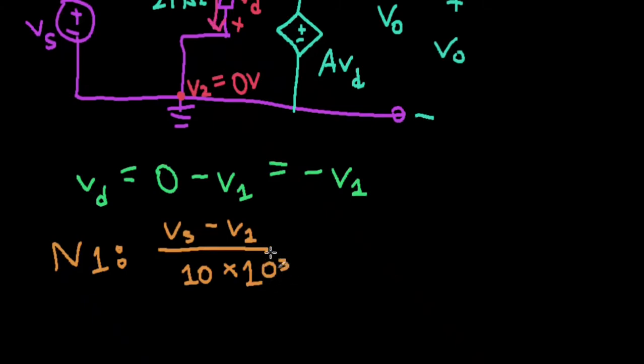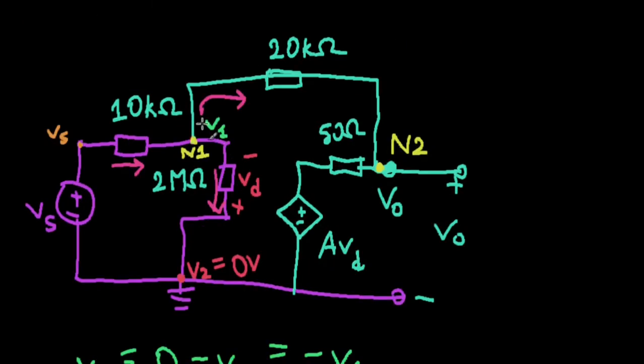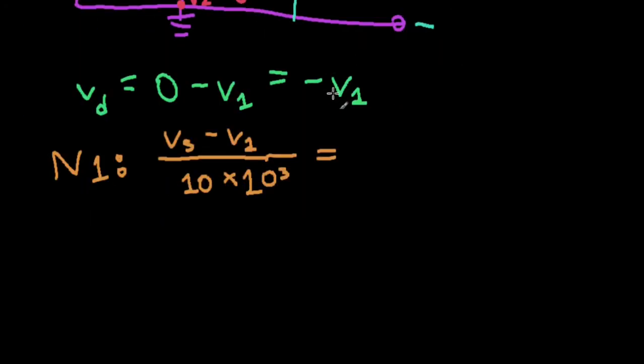I'll omit the ohms. This is going to be equal to the current exiting. The current exiting here is V1 minus VO, my potential here, divided by the resistance between, which is 20 kilo ohms.